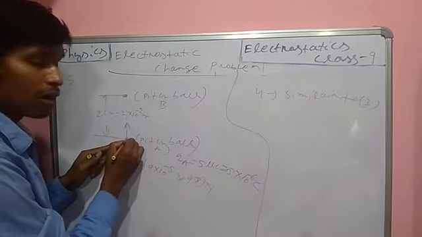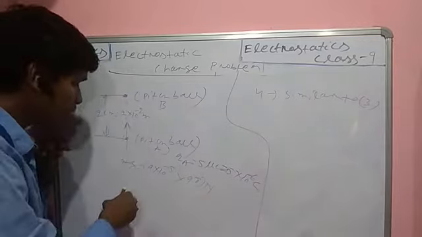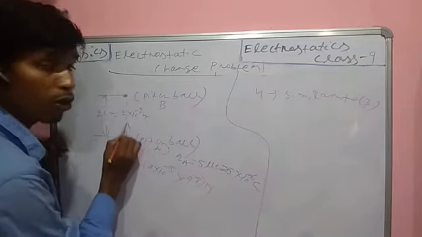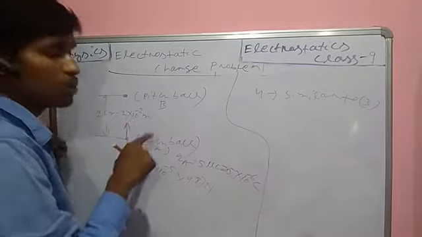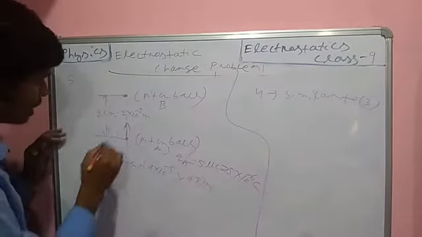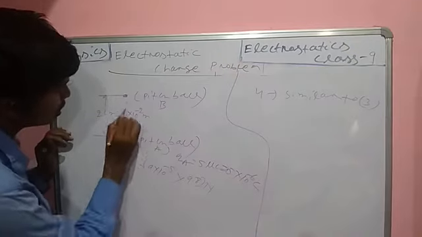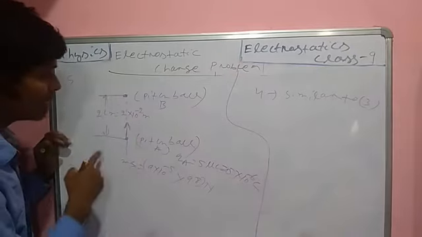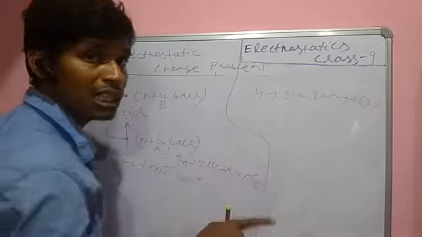The weight is downward, but according to the question pith ball A is stationary. That means the electrostatic force must be in the upward direction, because the pith ball is stationary. So the force on pith ball A is attractive. Attractive means if A is positive, B must be negative.